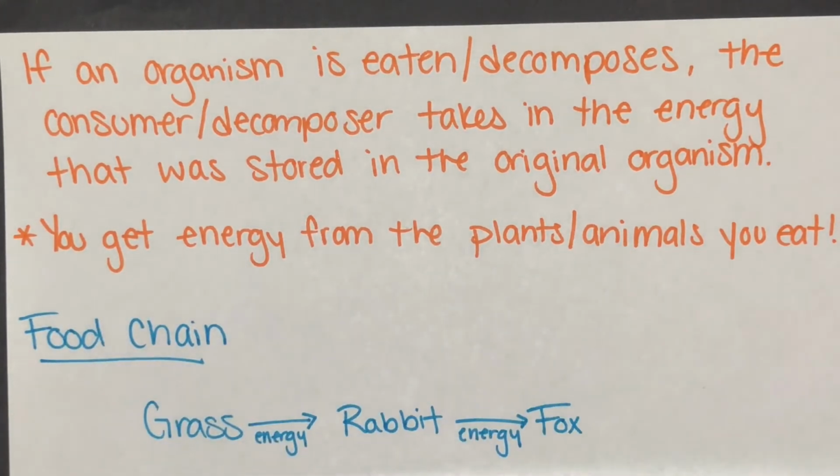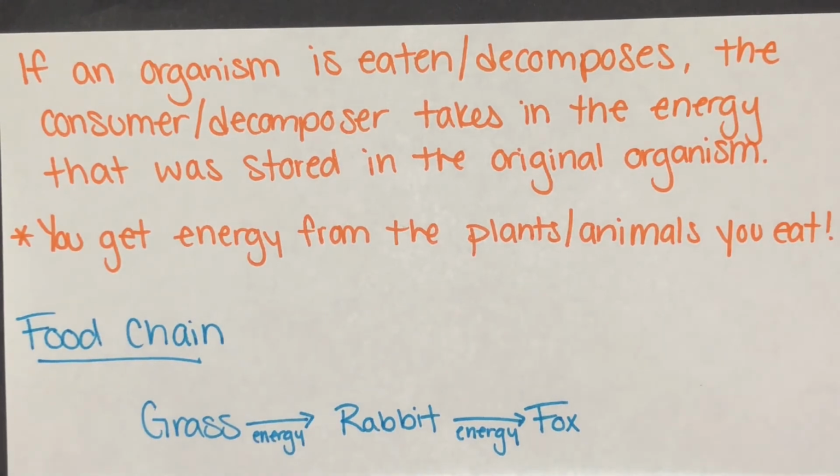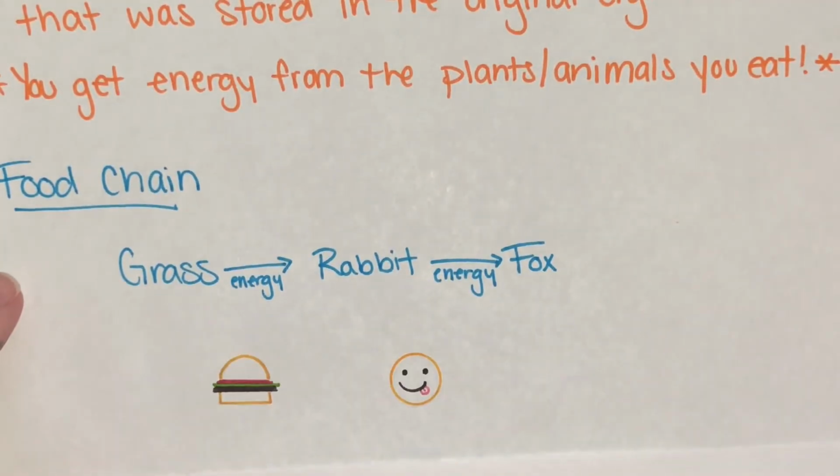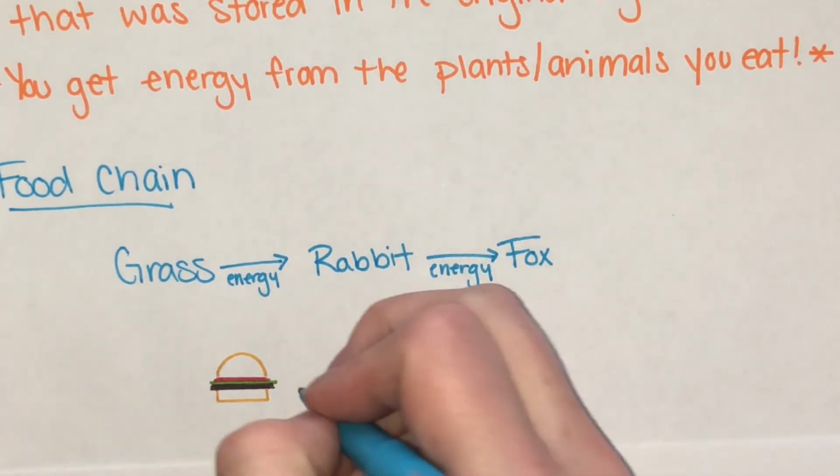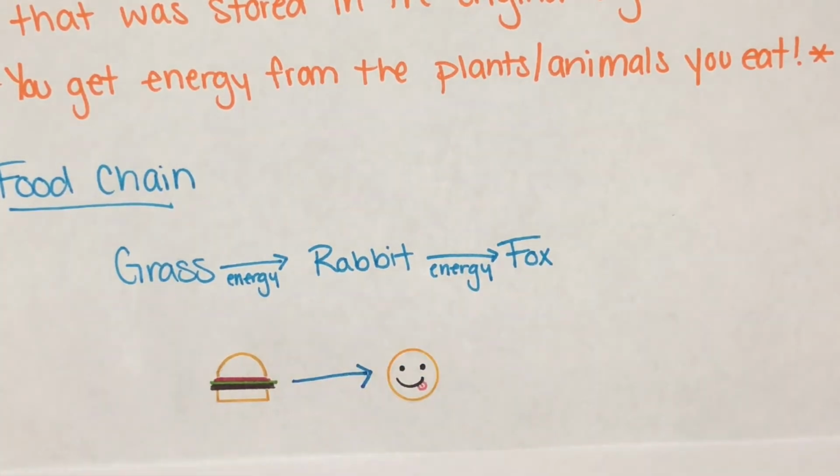A food chain is the path of energy transfer from one organism to the next in one direction. The arrows in a food chain represent the transfer of energy from the consumed to the consumer. For example, you do not give your energy to the cow when you eat a hamburger. You get energy from the cow, so the arrow would point from the cow or from the hamburger to you.